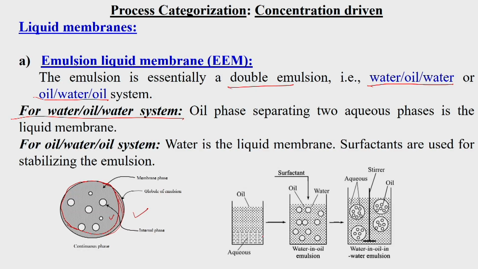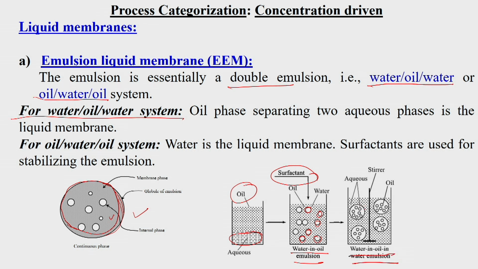Say we have this aqueous system and we have oil also, then we add some amount of surfactant, and if we agitate this, some micelles will be formed. So, this is one kind of water in oil emulsion. And if we agitate more, sometimes it will be a water in oil in water emulsion.